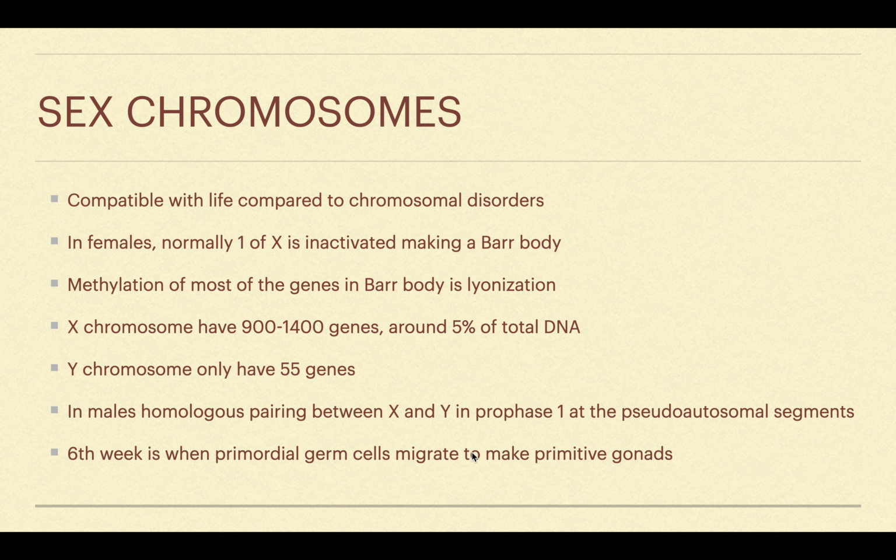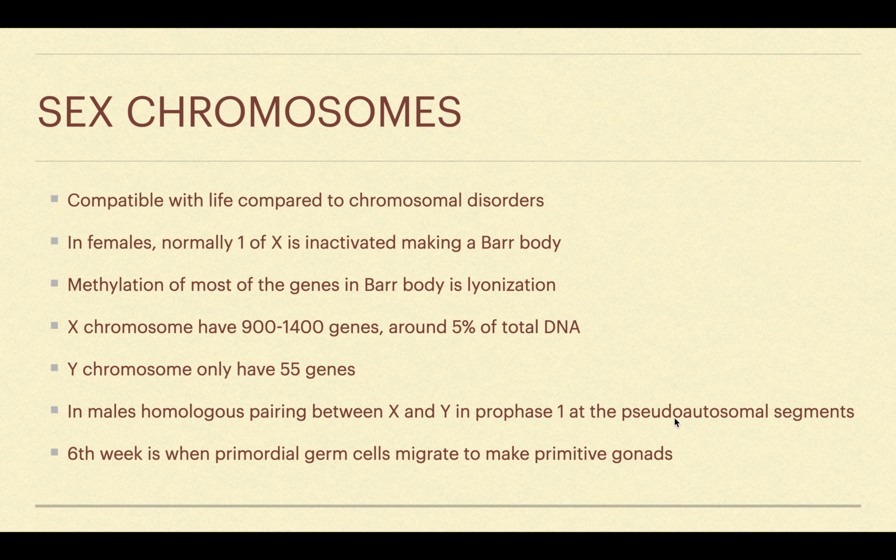The X chromosome is significantly larger than the Y chromosome. It has 900 to 1400 genes and around 5% of the total DNA. The Y chromosome only has 55 genes, or around that amount. In males, the homologous pairing between the X and Y occurs in prophase 1 of meiosis at the pseudo-autosomal segments. It's in the name, pseudo-autosomal.